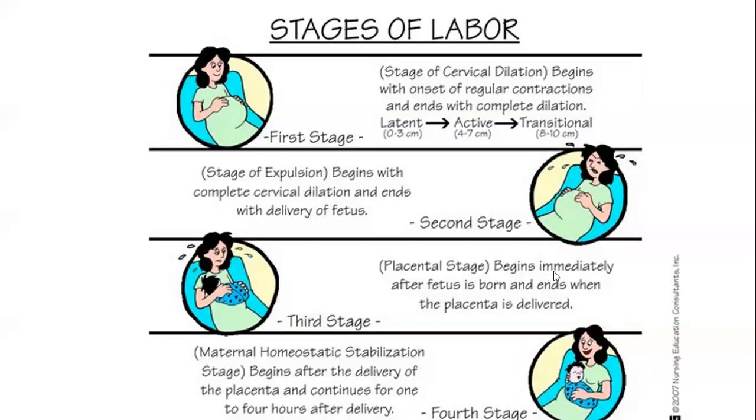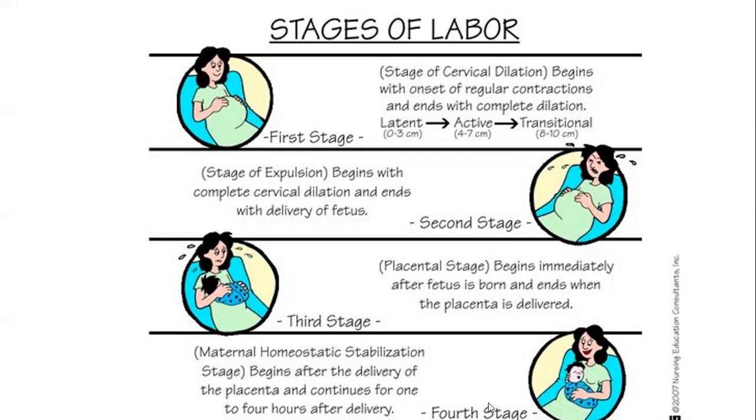It begins immediately after the fetus is born and ends when the placenta is delivered. Also inspect the placenta for 2 arteries and 1 vein. This is a question the NCLEX board asks.